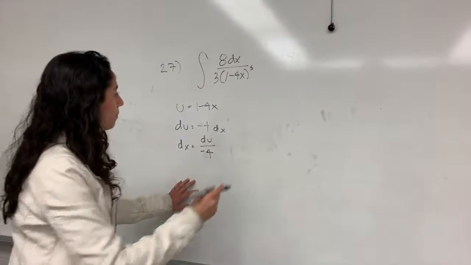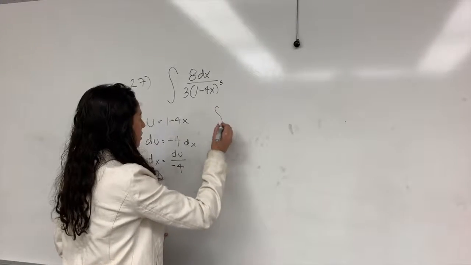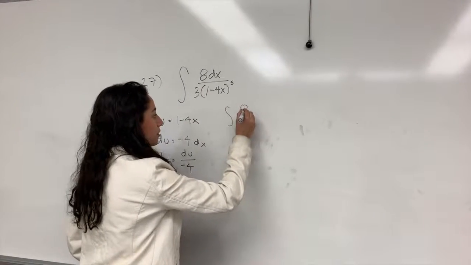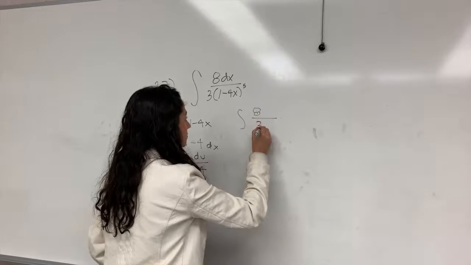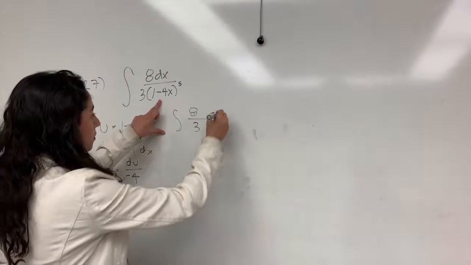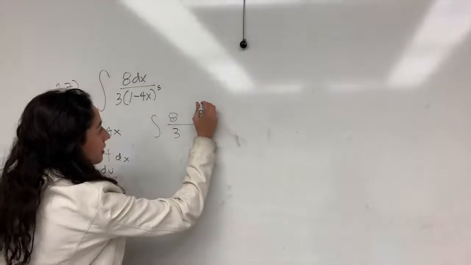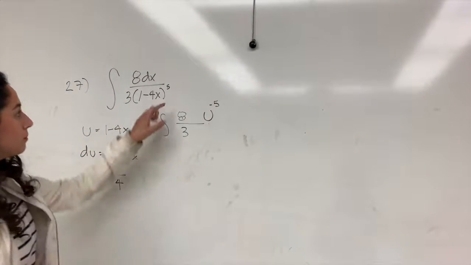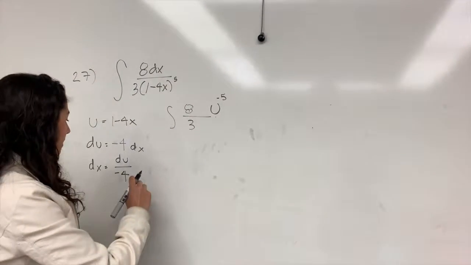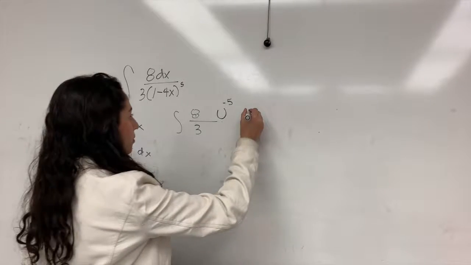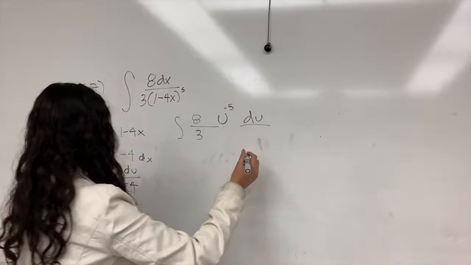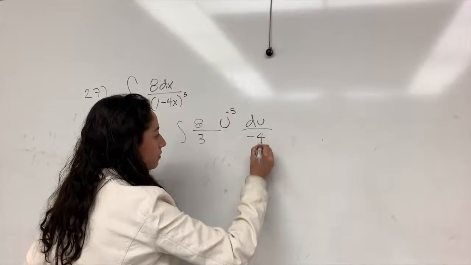So then you have to rewrite. You have the 8 over the 3. And then you have the u, but it has a minus 5 because you have to pass the 5 to the top. And then times dx, but in this case it will already be du over negative 4.